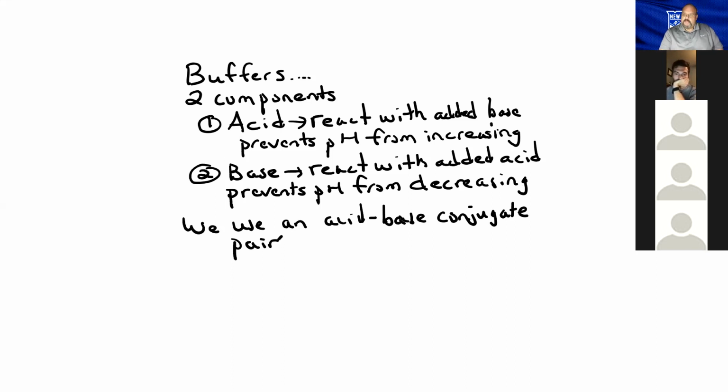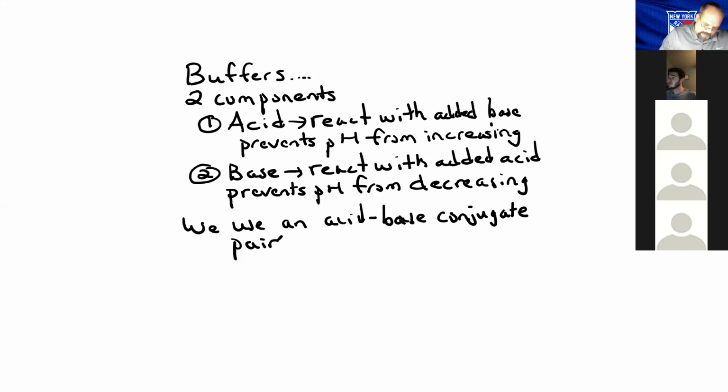Conjugates differ by one proton. You know, if you have an acid, the conjugate base will have one less proton. If you have a base, the conjugate acid will have one more proton. But when you talk about acid-base conjugate pairs, you talk about that they differ essentially by a single proton associated with them. In a buffer, if you use an acid-base conjugate pair, that's great because they won't react with each other. They will sit there and wait until acid or base is added, which is what you need.